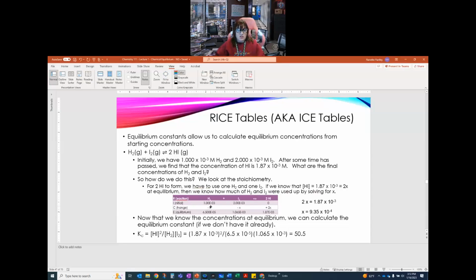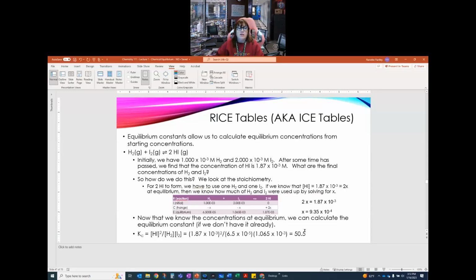So the 1.0 times 10 to the minus 3 minus the 9.35 times 10 to the minus 4th gives me 6.5 times 10 to the minus 5th. And I can take the 2.0 times 10 to the minus 3 minus the 9.35 times 10 to the minus 4th, and that gives me 1.065 times 10 to the minus 3. I can then take those values and plug them into my K expression to solve for K, which is 50.5.